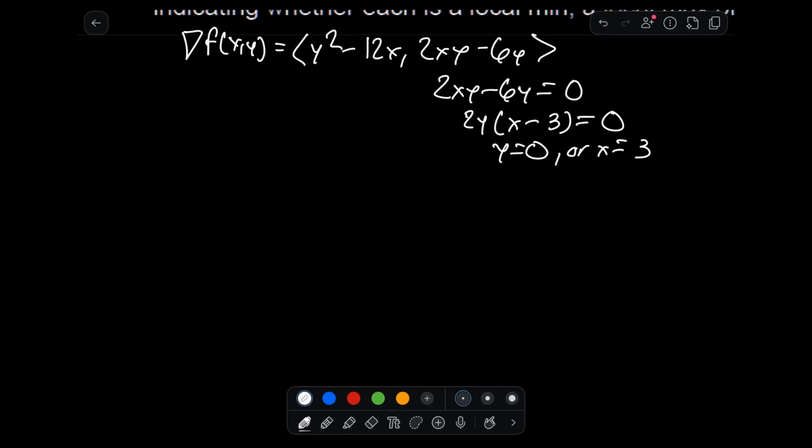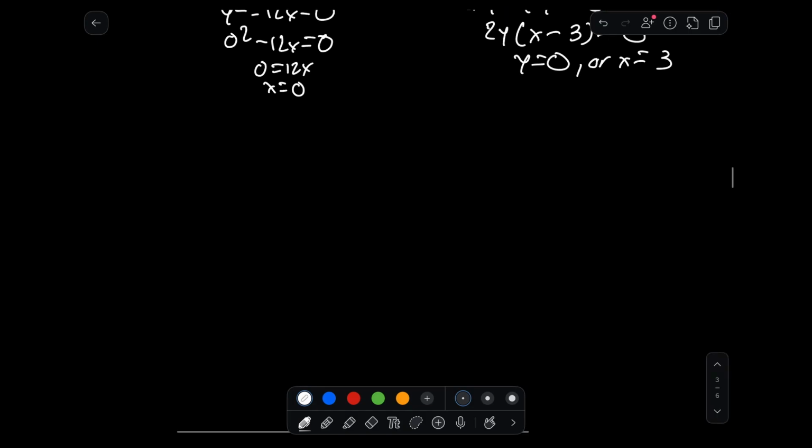And then let's just try and plug in y equals 0 for this one. So we get y squared minus 12x equals 0. So plug in 0 here. 0 squared minus 12x equals 0. 0 equals 12x, x equals 0. So we have our first point to test, which is (0, 0).